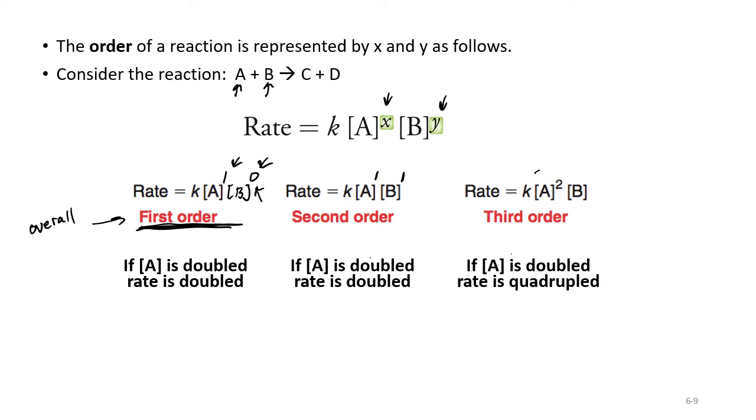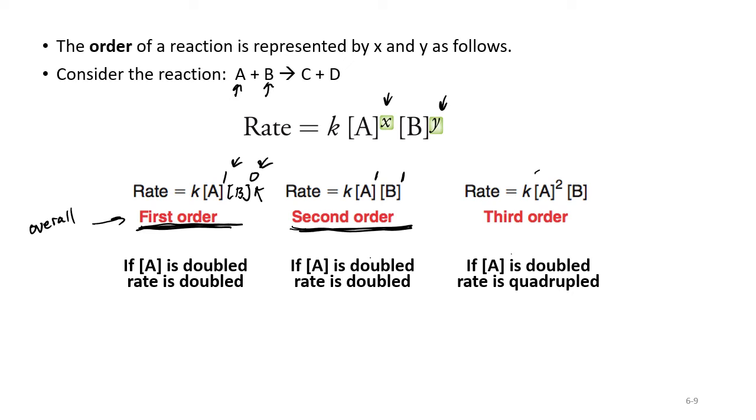This is a second order reaction because if you take the sum of your exponents, 1 plus 1 equals 2, it's second order. So what that means is that if the concentration of A is doubled, the rate of the reaction will double. If you double the concentration of B, the rate will also double.